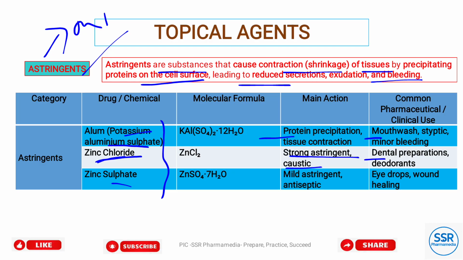It is used in dental preparations and deodorants, and as a caustic agent in dental preparation. Zinc sulfate is a mild astringent and antiseptic. It is used in the preparation of eye drops and wound healing. Both act as astringents: zinc chloride is a strong astringent, zinc sulfate is a mild astringent.